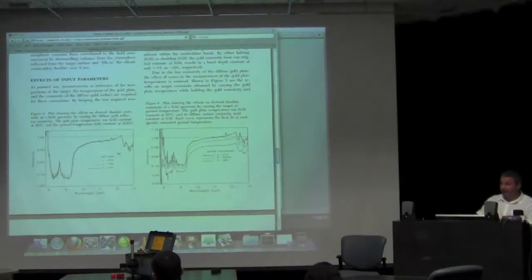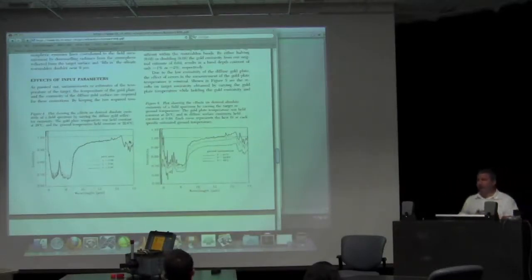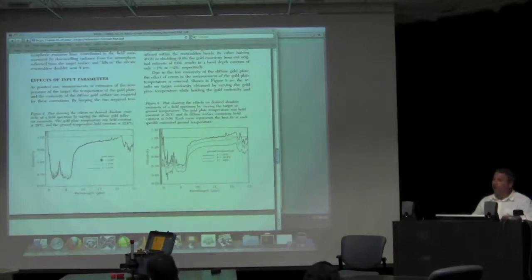So the emissivity of my gold plate, because it's only a 2% to 8% emitter, really didn't matter, because it doesn't act very much like a black body at all. So as long as I was close, I'm going to get a fairly good response.